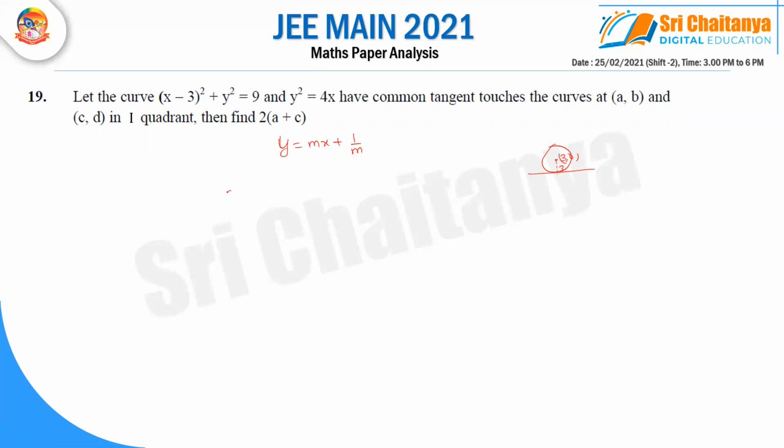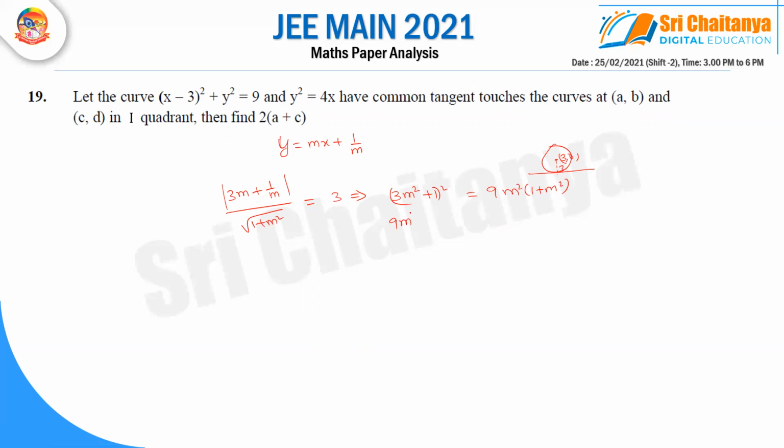So what will I get? Modulus of 3m plus 1 by m divided by root of 1 plus m square is equal to 3. So let us solve this. What will I get? 3m square plus 1 whole square is equal to 9 m square into 1 plus m square.